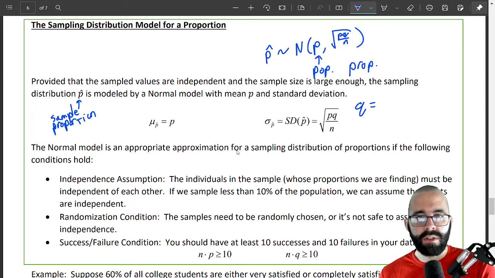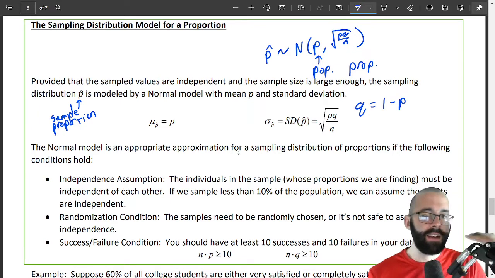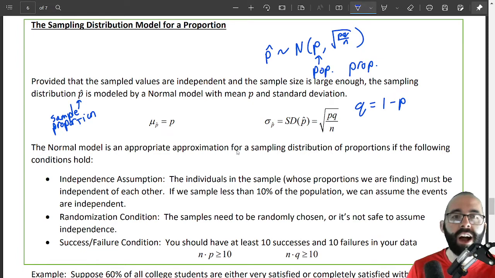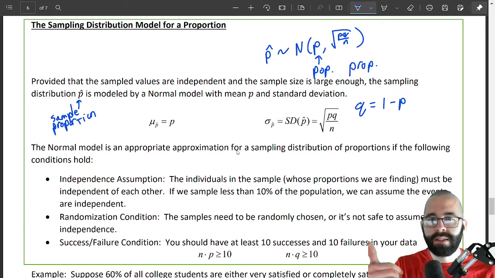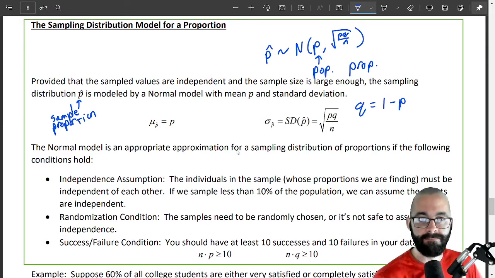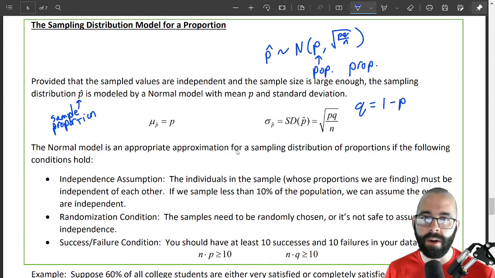Remember, if P is the probability of something happening or the proportion of things happening, Q is just that it's not happening. What proportion is not doing this? If P is the proportion of ones, Q is the proportion of 2 through 6s on a 6-sided die. All right. And that's how we calculate the standard error of this sampling distribution.